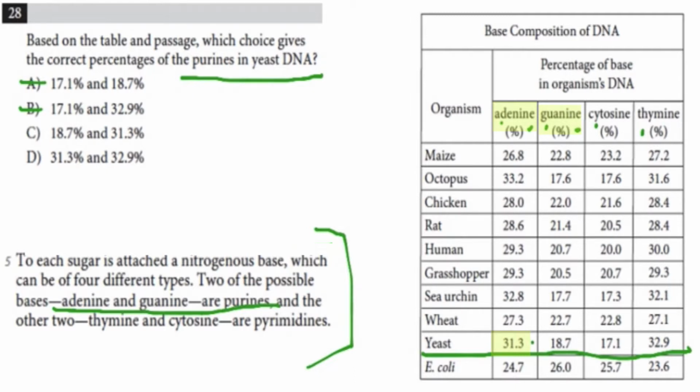Back to the graph, or back to the table, guanine is present at 18.7%. So back to the question, we'll eliminate D because it doesn't contain the number 18.7%. Only answer choice C contains both 18.7% and 31.3%, so our answer is C.